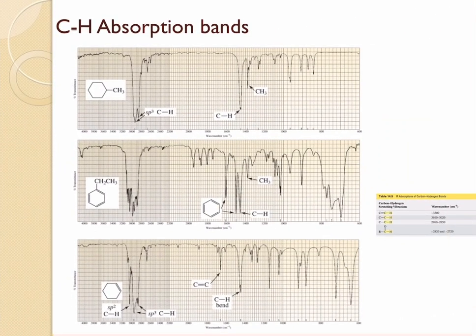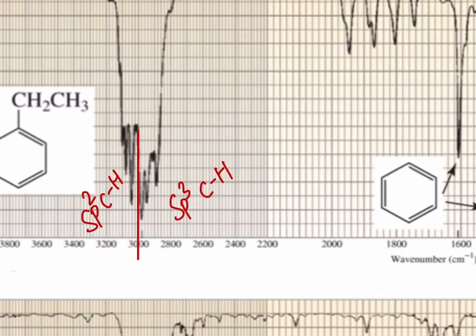Okay, so let's draw this line. Here's the line about 3000, and anything towards the right is going to correspond to the sp3 carbon-hydrogen stretch, and anything towards the left until 3200 is going to correspond to the sp2 carbon-hydrogen stretch. We do not have any sp carbon-hydrogen stretch in this molecule because we do not see any peak around 3300.